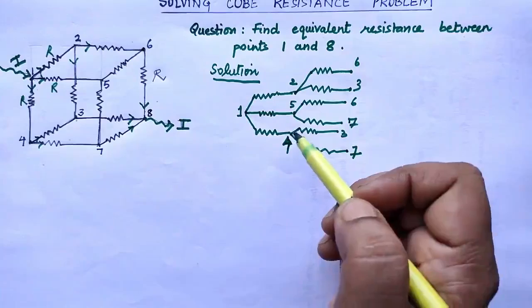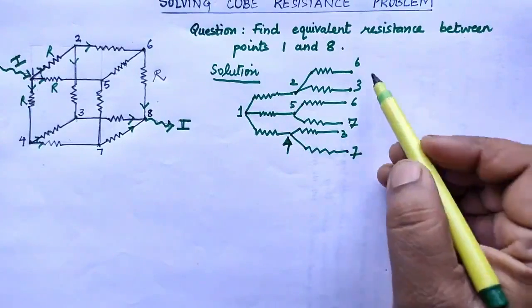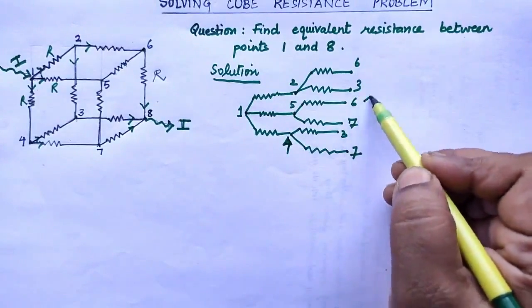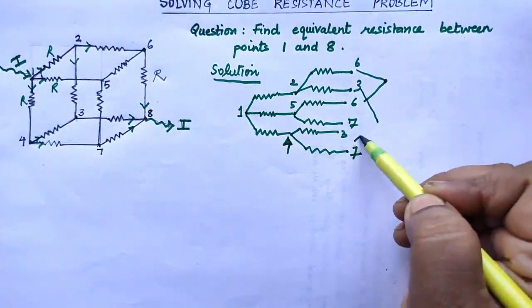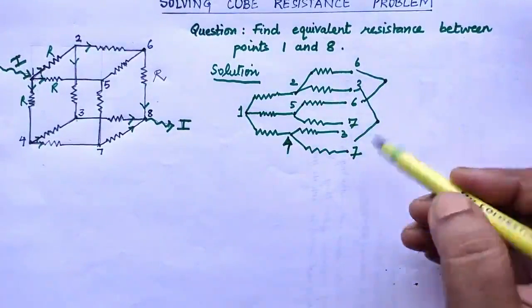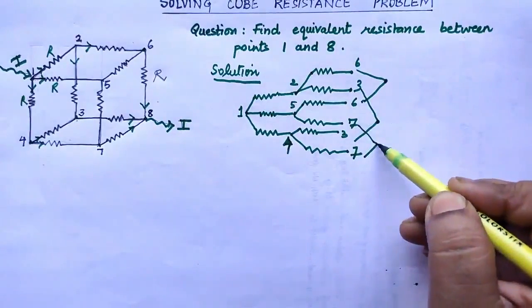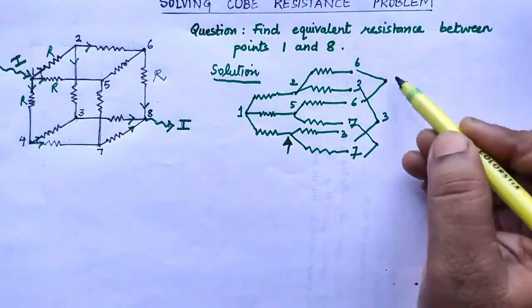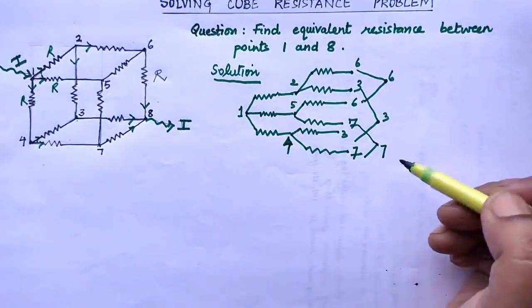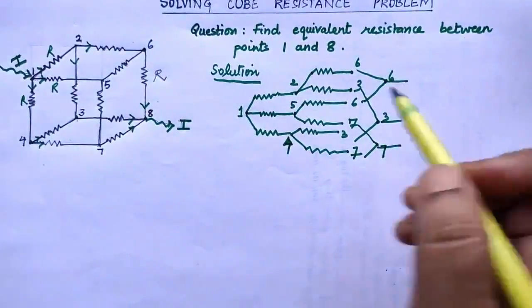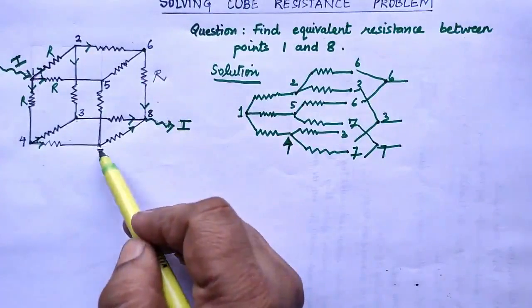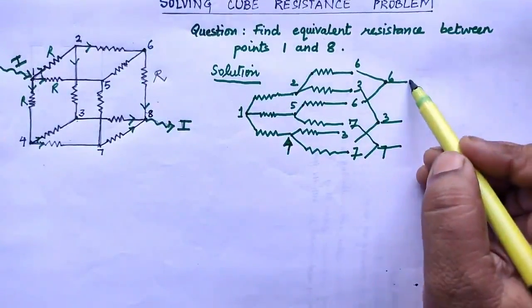Now before we move ahead, see we have 6, that means it is 1 point. We have 3, so it is also 1 point. We have 7, so this is also 1 point. This is 3, this is 6 and this is 7. Right? Now the current moves ahead and from points 6, 3 and 7 there is just one path.